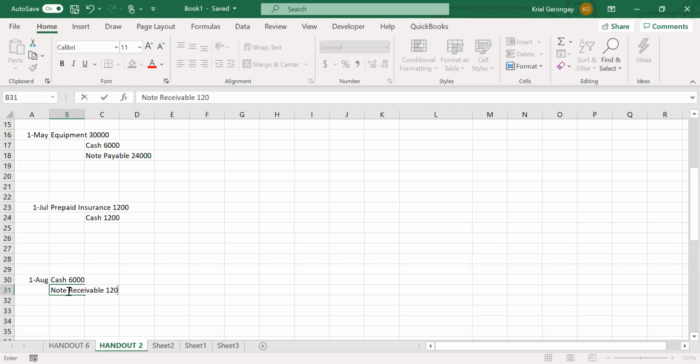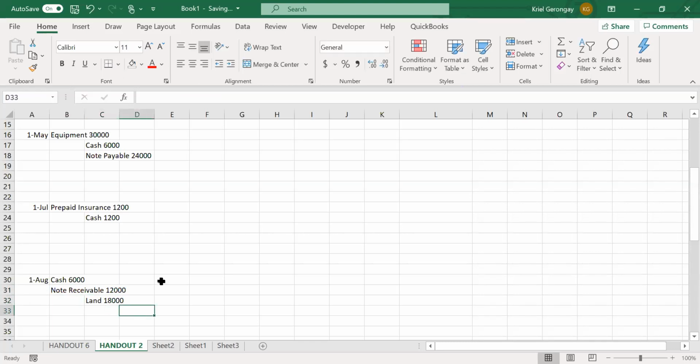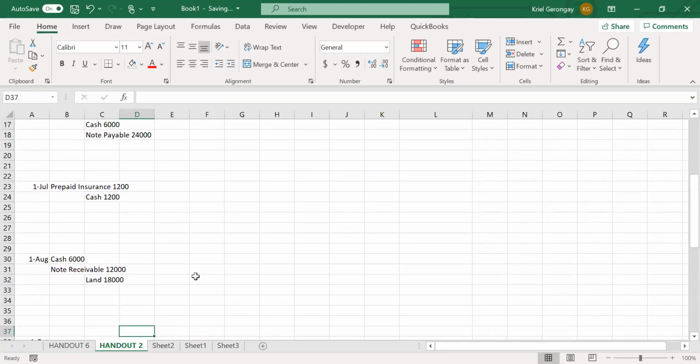For the most part, we use accounts receivable for regular transactions, such as selling merchandise on credit. But in this case, since it indicated that the remainder was paid through notes, that's why it's notes receivable.